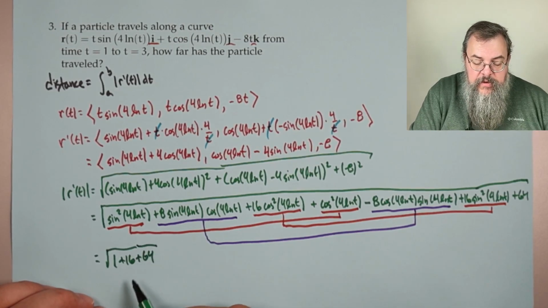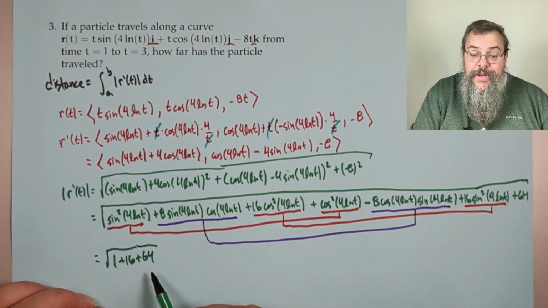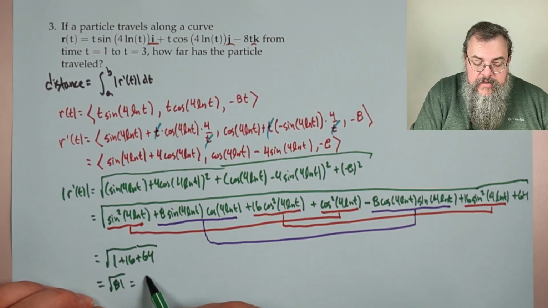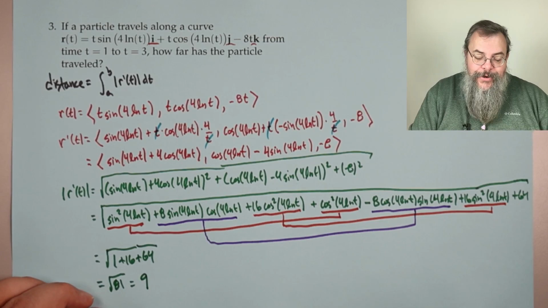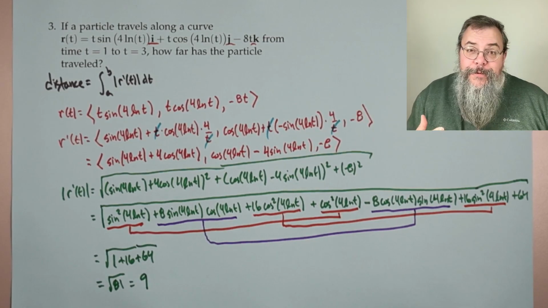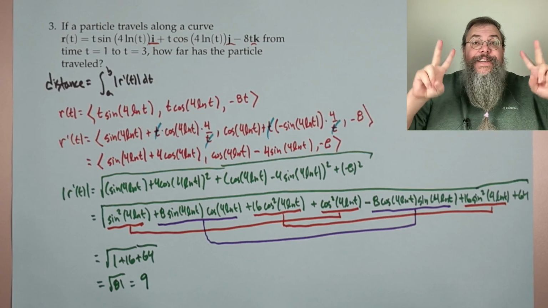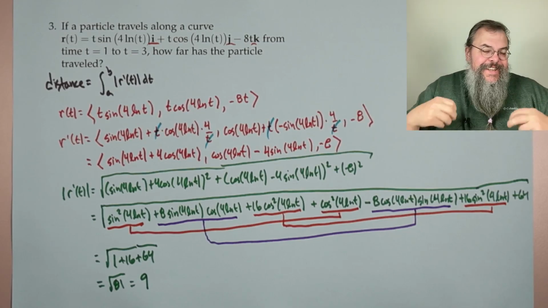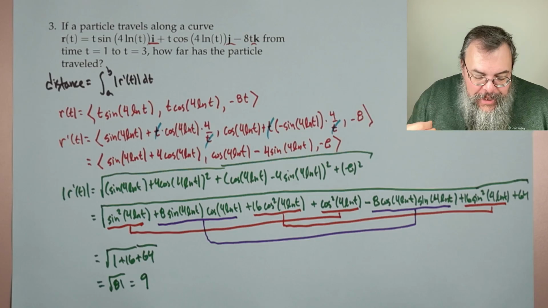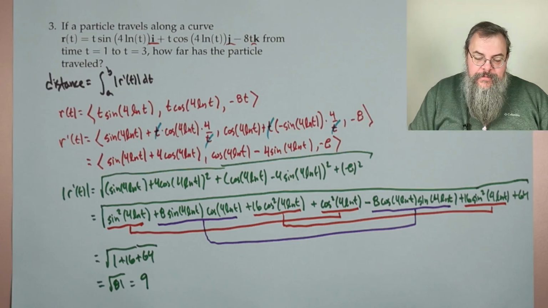All right, 1 plus 16 plus 64, that's 81. And that's 9. Okay, so there's a term for this. We call this nice, which is to say it really simplifies to something quite beautiful, very beautiful.